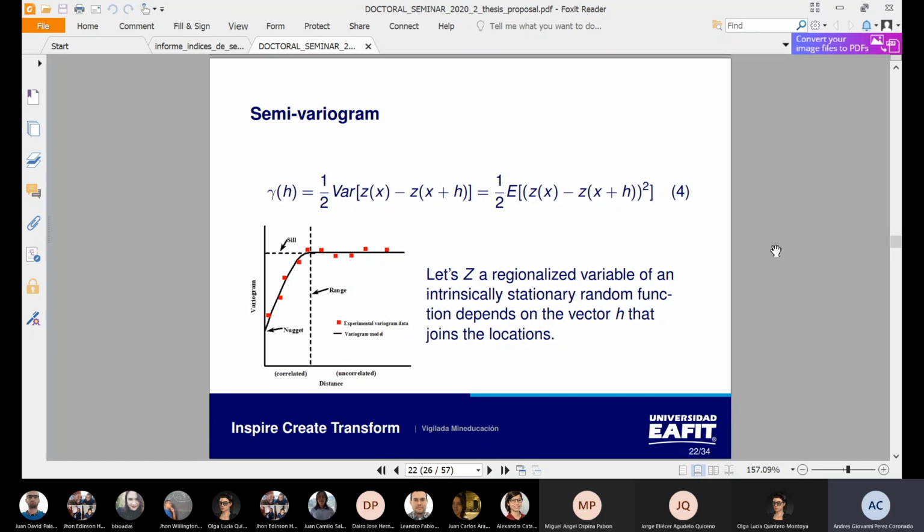It means that h is the key to find whether there is a relation in this specific geographic area. It is my point plus an h, and whether with this h I have a relation with other points. And this semi-variogram is geostatistics.